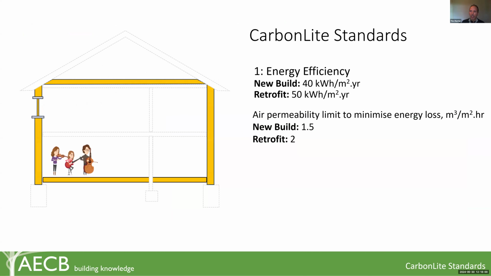And the air permeability, that's also part of the energy efficiency. So new build, 1.5 meters cubed per meter squared hour. Retrofit, it's 2. I'm going to talk about step 1, which is part of the step-by-step method, a bit later rather than complicate the energy efficiency with that now.